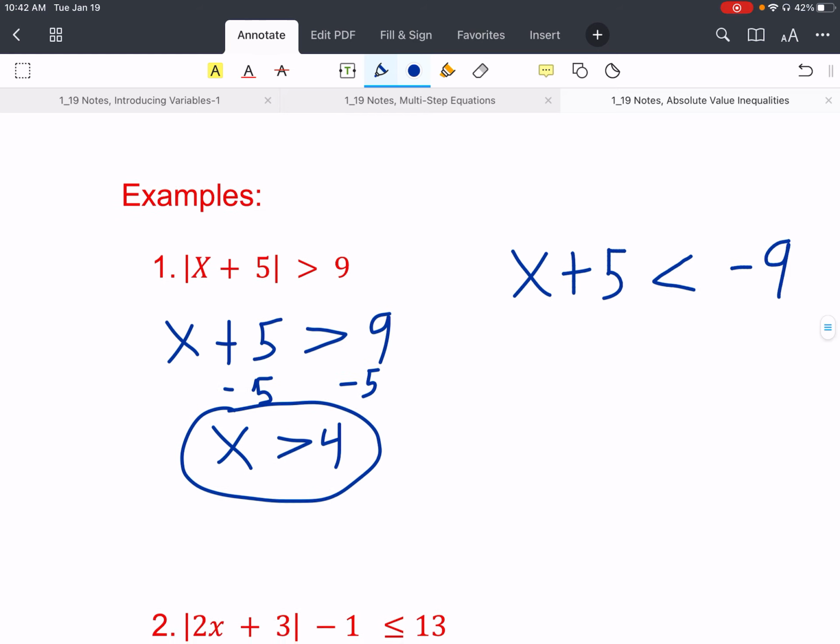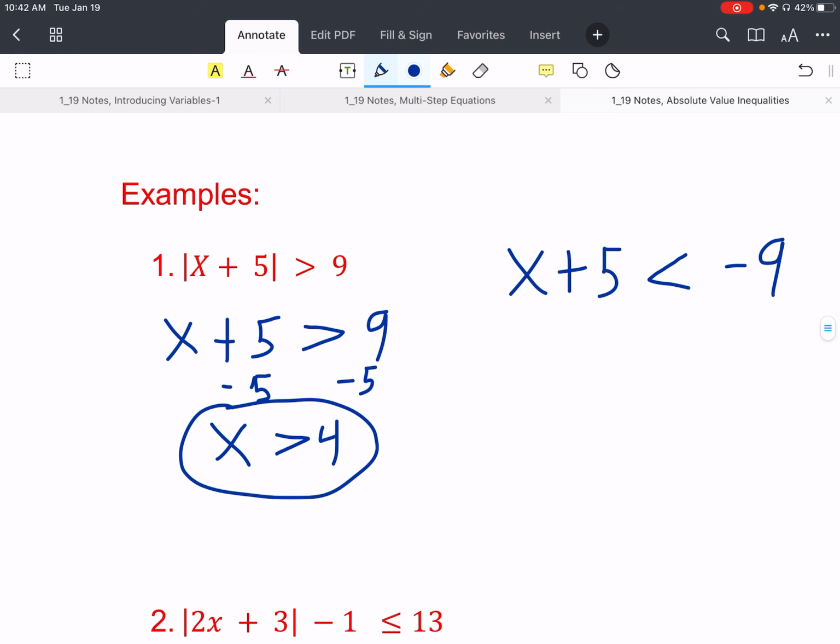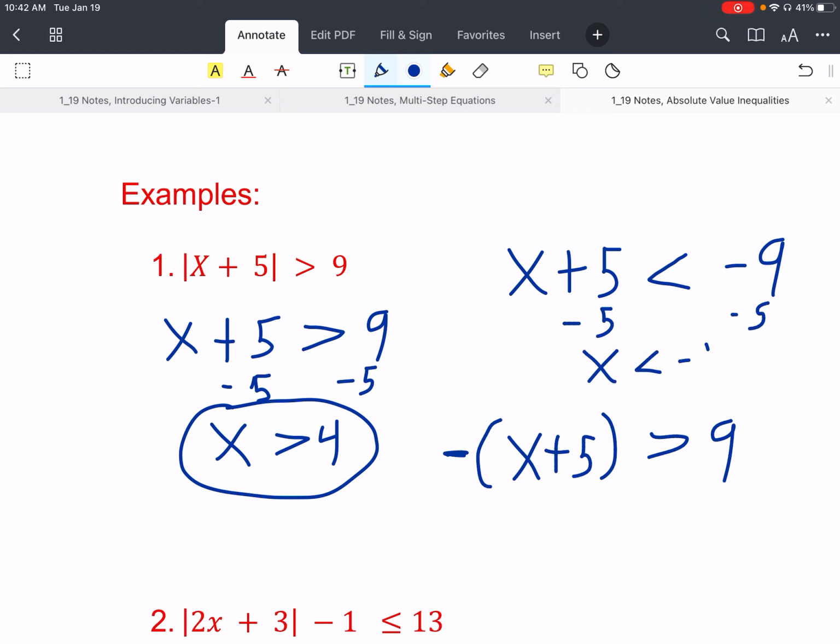The other way you could think of it is you could have your x plus 5 and make that negative. So you could have the negative version of x plus 5 is greater than 9. If we distribute the negative sign, we would have negative x minus 5 is greater than 9.